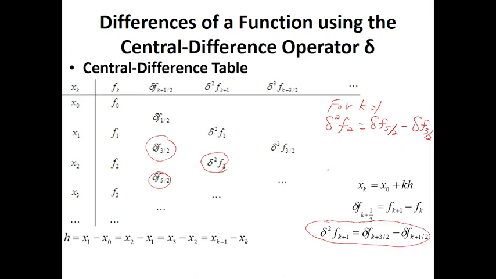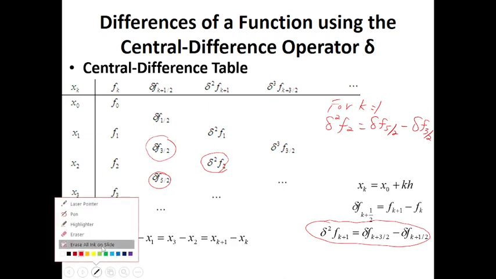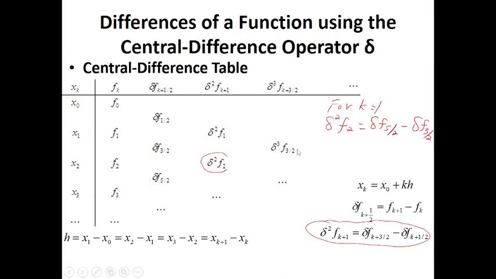So we proceed. So always remember, in obtaining these notations, delta f sub k plus 1 half, delta squared f sub k plus 1, delta cube f sub k plus 3 halves, it follows this pattern.